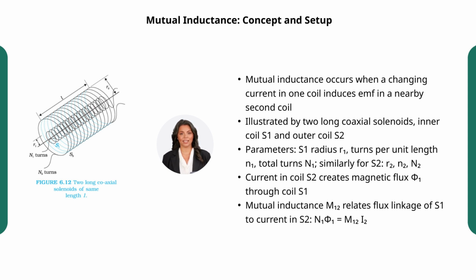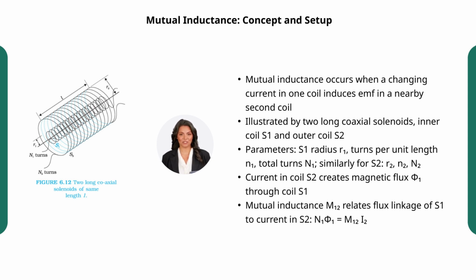When we send a current I2 through the outer coil S2, it produces a magnetic field which passes through S1. The magnetic flux produced by this current inside coil S1 is represented by phi1. Since coil S1 may have many turns, the total flux linkage is N1 times phi1.